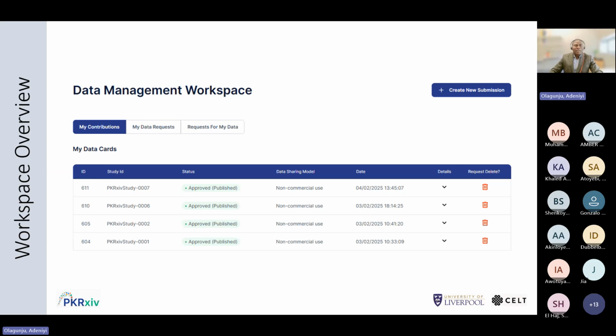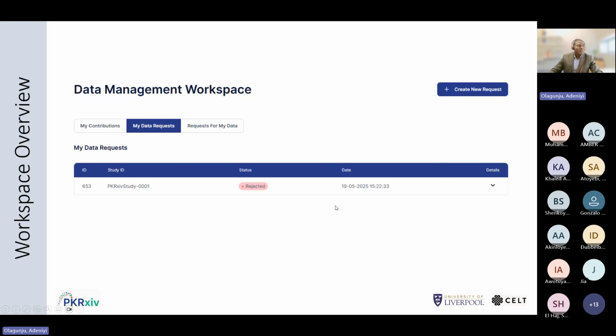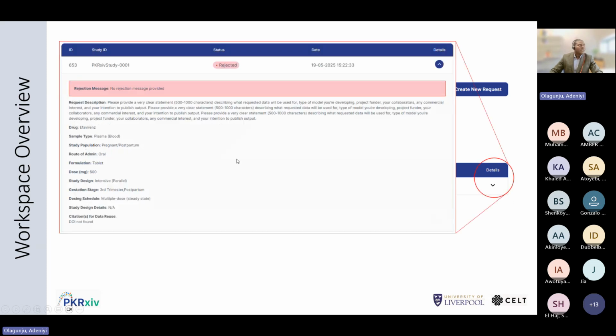I've told you about the data management workspace, how you can manage your request from there. And you can delete your request from that page if it has not been approved, otherwise you just wait for it to be approved.